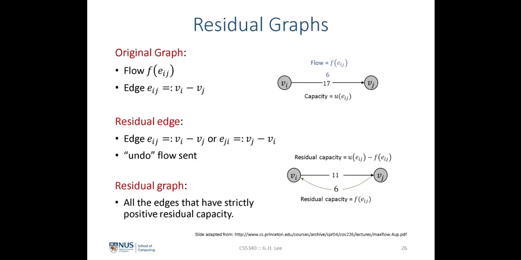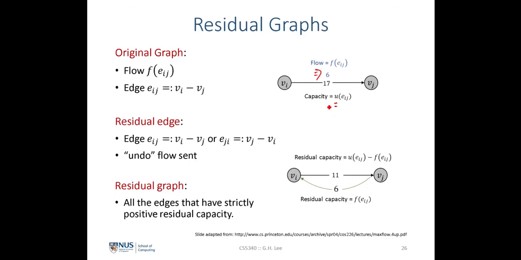So given a two-node graph, which is the original graph denoted by Vi and Vj, we've seen earlier in our definition that the flow across this graph of two nodes is given by this number, denoted by f of Eij, and the capacity denotes the maximum flow that can flow across from Vi to Vj, which we denote as U of Eij.